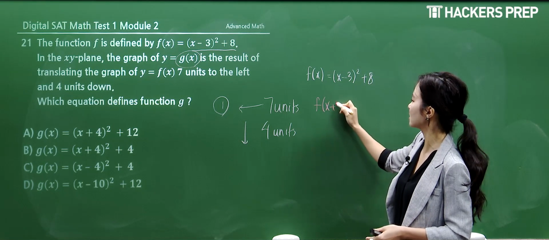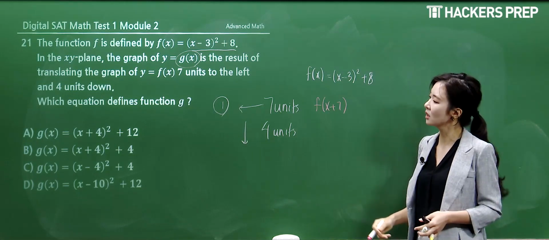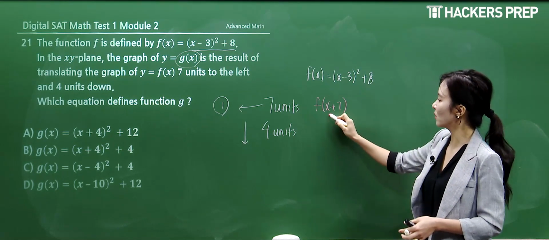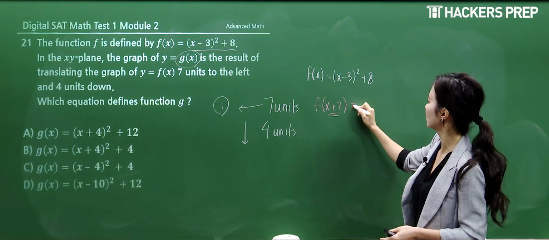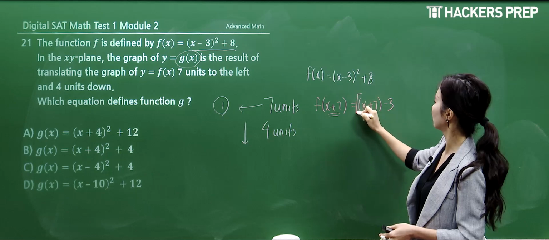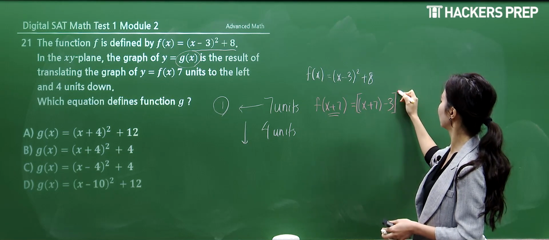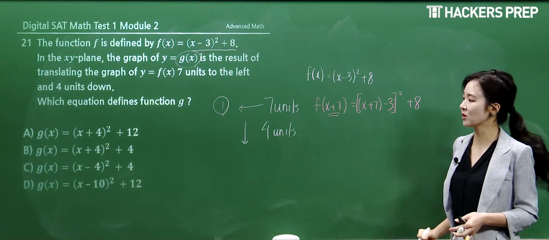So that would look like this. Okay, so x plus 7 would be the 7 units to the left translation. So all we have to do is, any time that we see x, we're going to write x plus 7. Okay, so that's after the first translation.